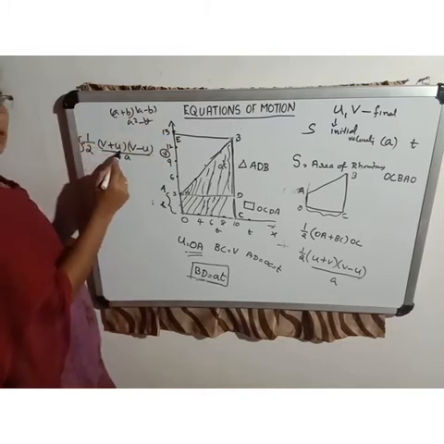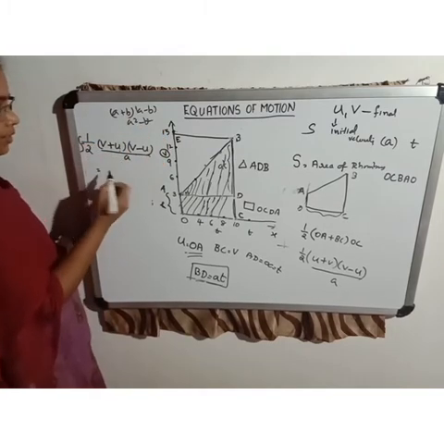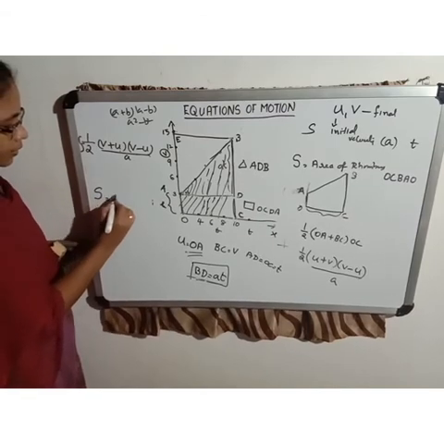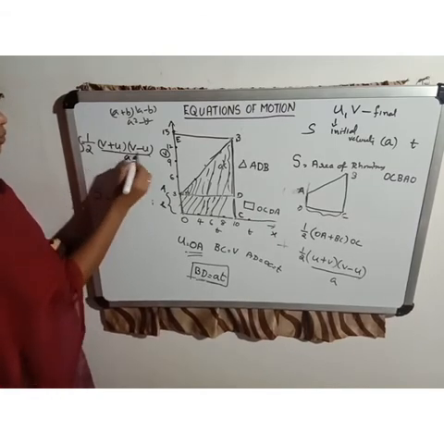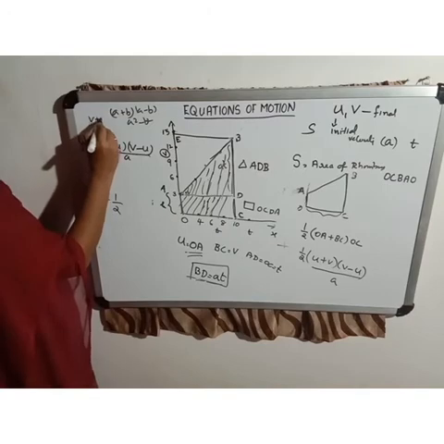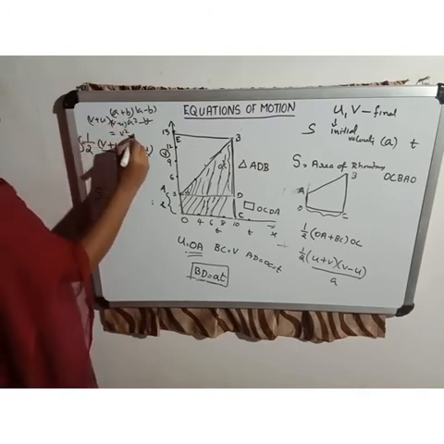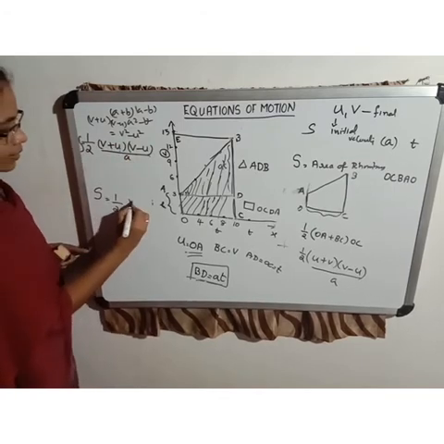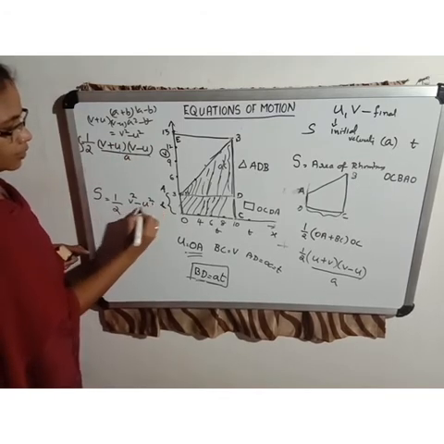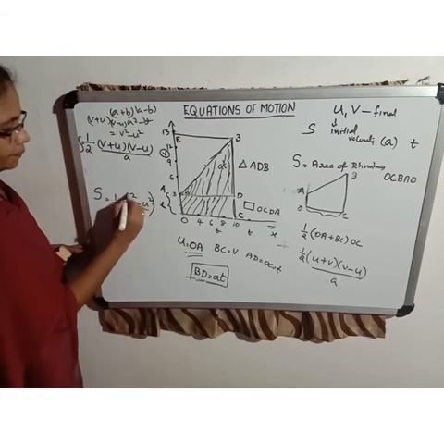Likewise, V plus U into V minus U is equal to, how can we write it? V plus U into V minus U, we can write like V square minus U square. So I can write like this, V square minus U square by a.